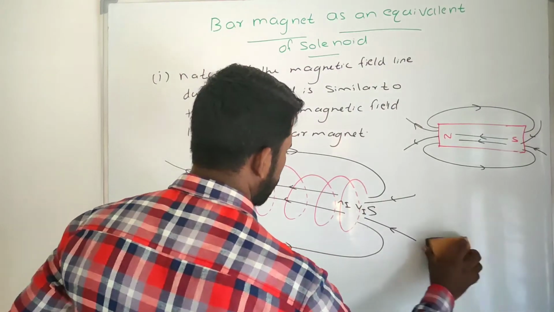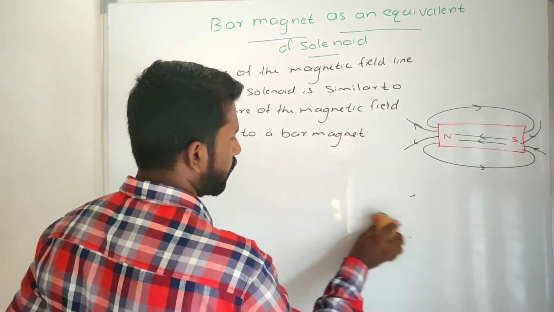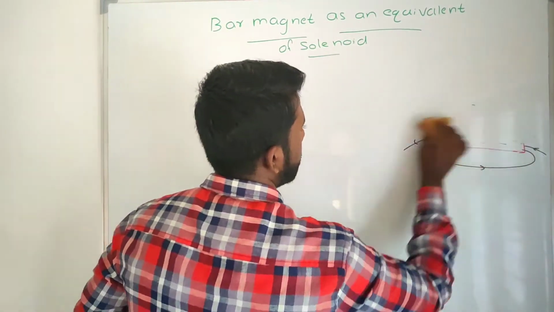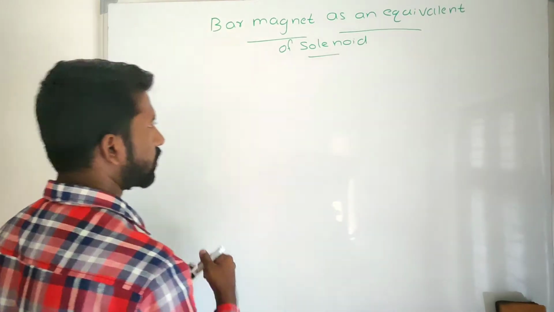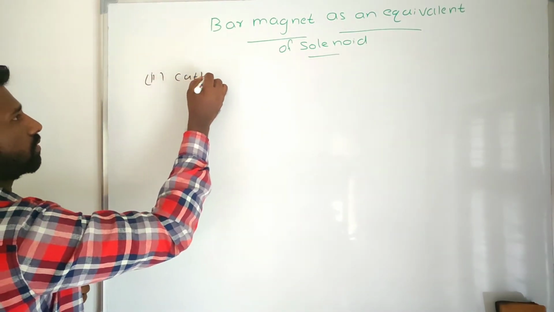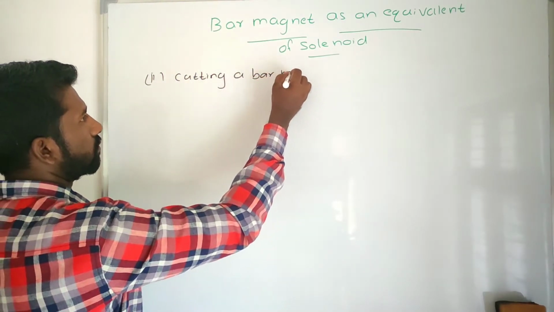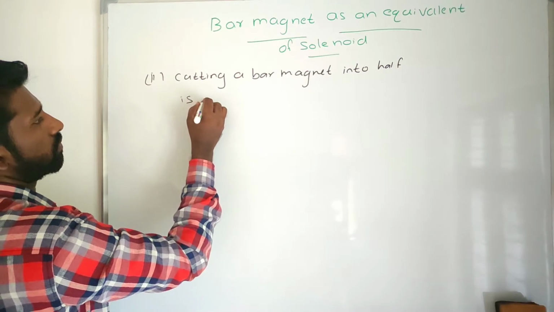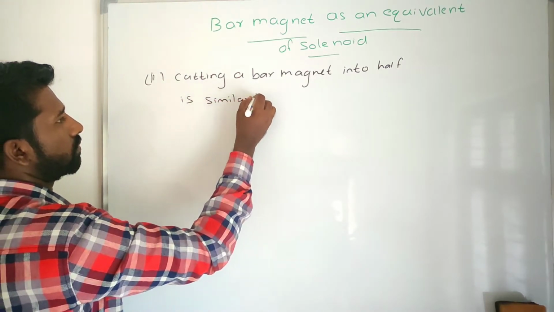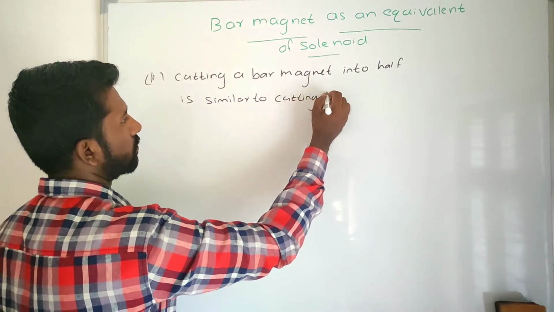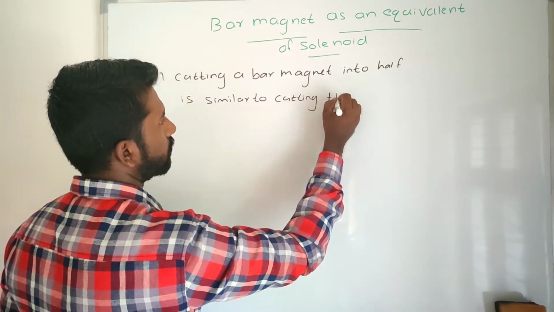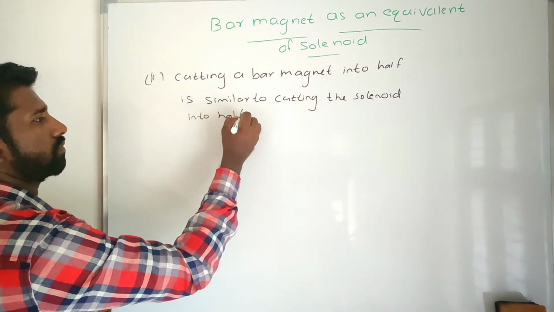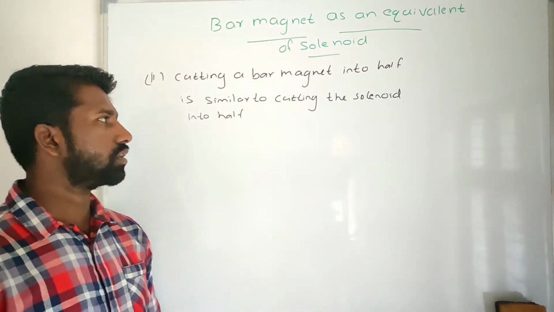Then the second one is: cutting a bar magnet into half is similar to cutting a solenoid into halves.